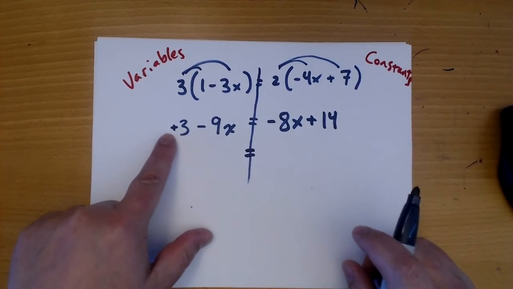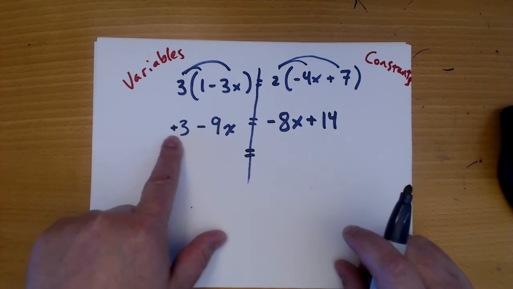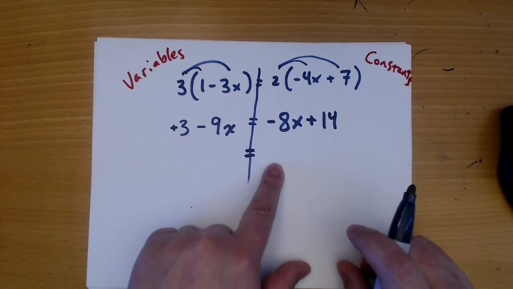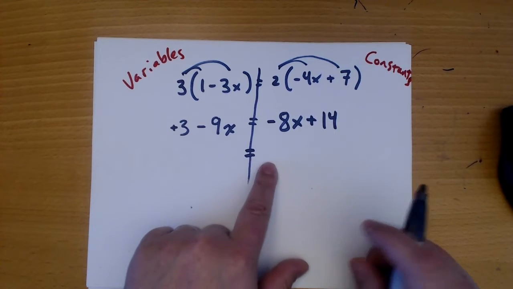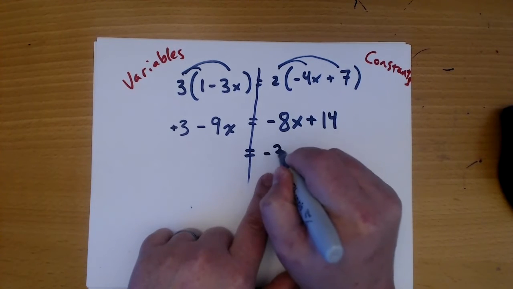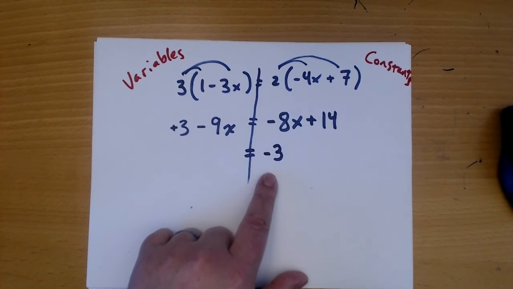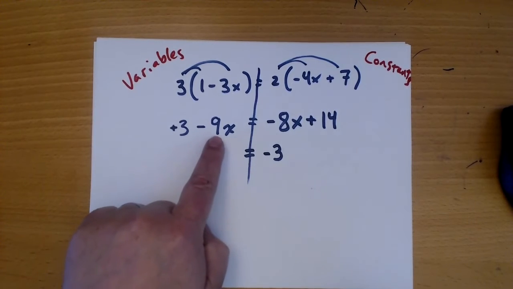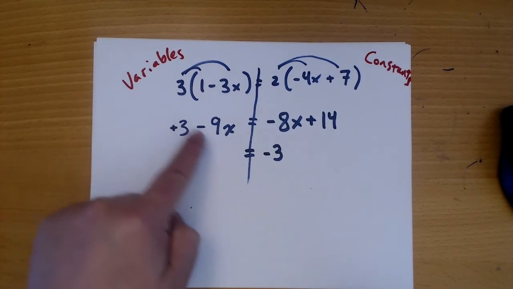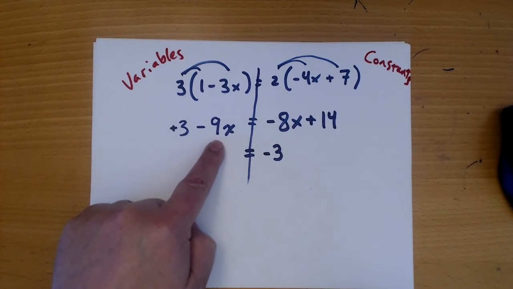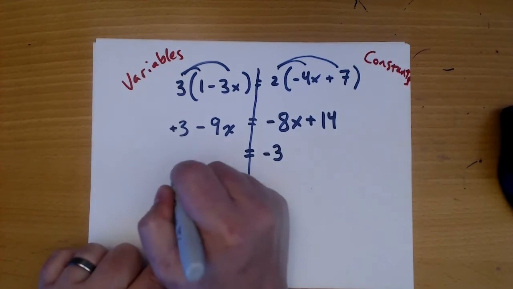And since it was a positive and it came over, it's going to change. So what was positive now becomes negative. All right. This is a variable, and it's okay because it's where it's supposed to be. So we don't do anything to it. We just move it down.